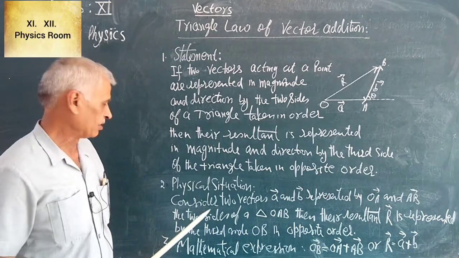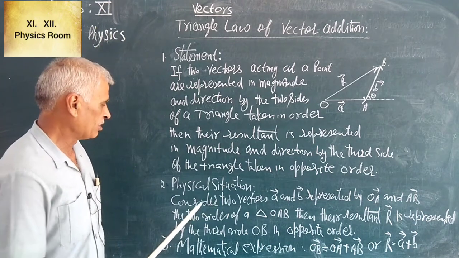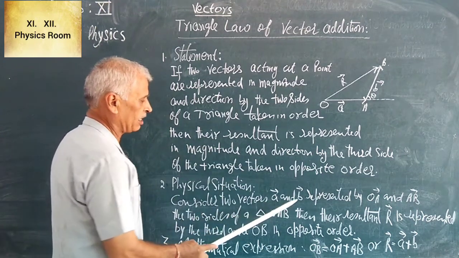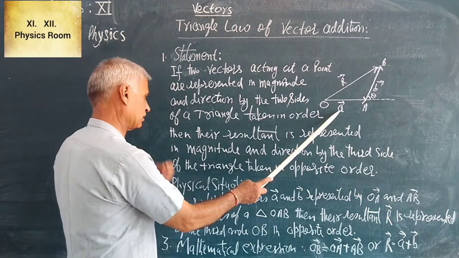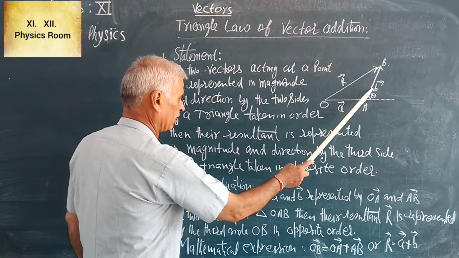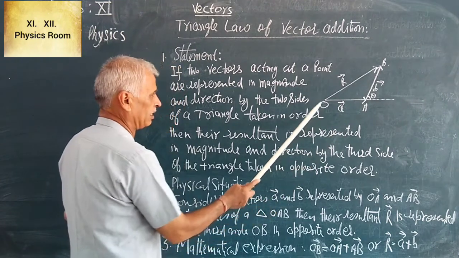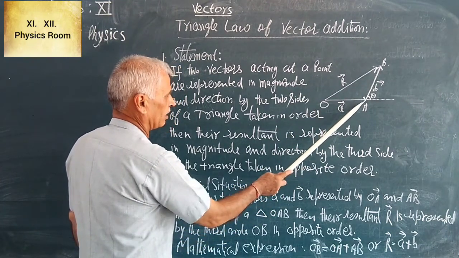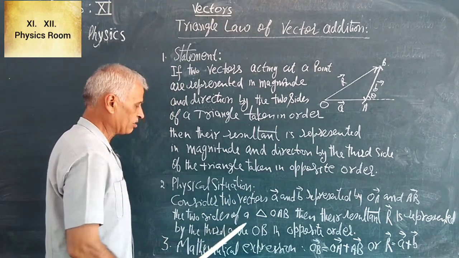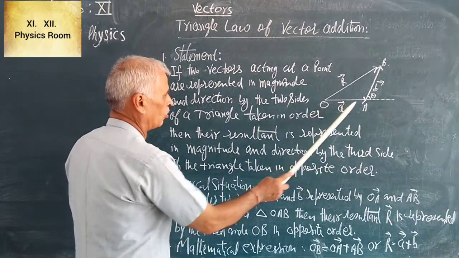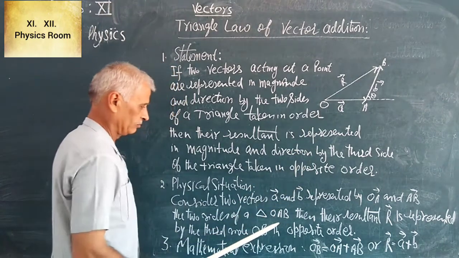Let us develop a physical situation. Consider two vectors A and B represented by OA and AB, the two sides of a triangle OAB.